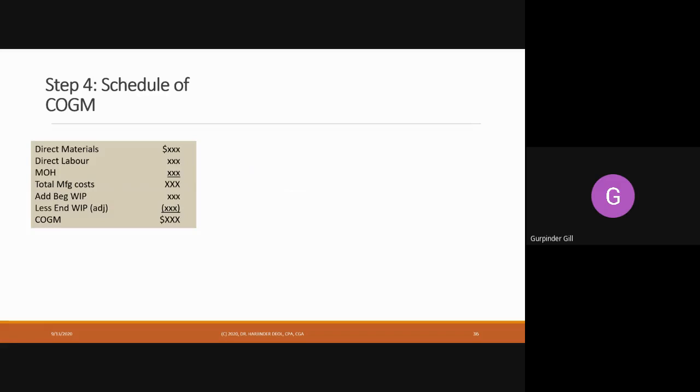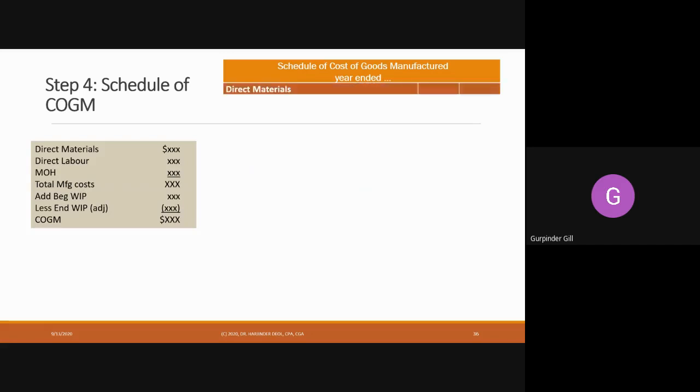But the detailed schedule looks something like this. So the name of the business, the cost of goods manufactured schedule, and the period that's ending. So the direct material captures the movement in your raw material account. So we start with our beginning raw material account. Then we add our raw materials that were purchased in the period.